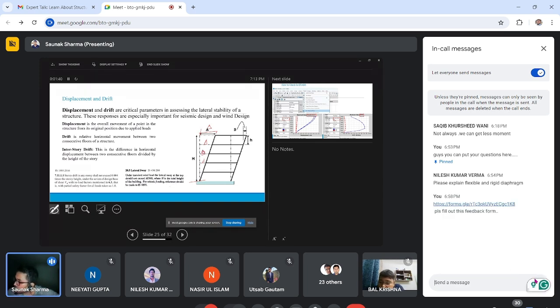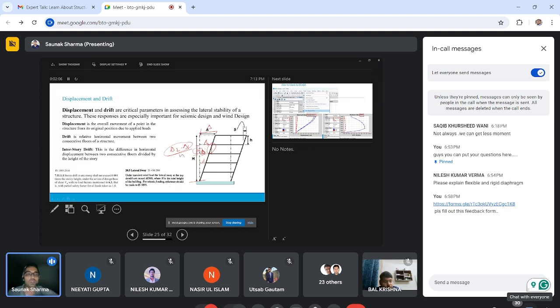Let's assume this is delta 1 and this is delta 2. Then drift of this floor is delta 2 minus delta 1. And generally in ETABS, we check drift ratio rather than drift. That drift ratio is the drift divided by the respective floor height. Let's say this height here, right?